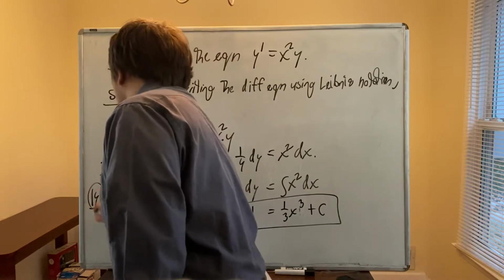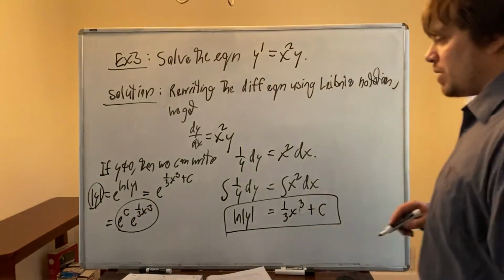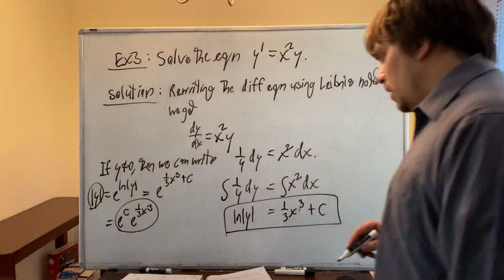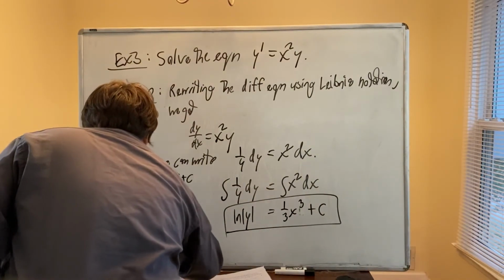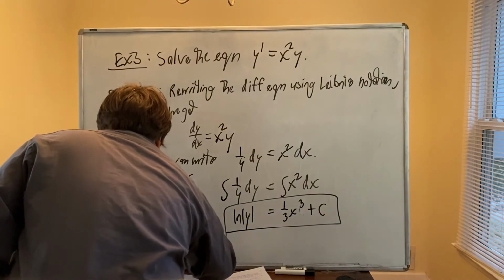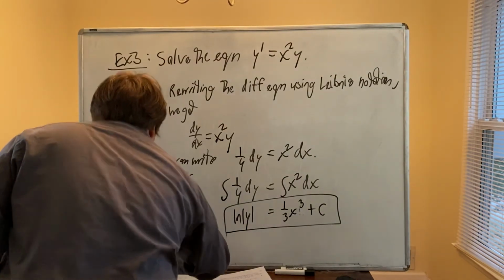Okay, so now we have that the absolute value of y is equal to e to the c times e to the 1/3 x cubed.